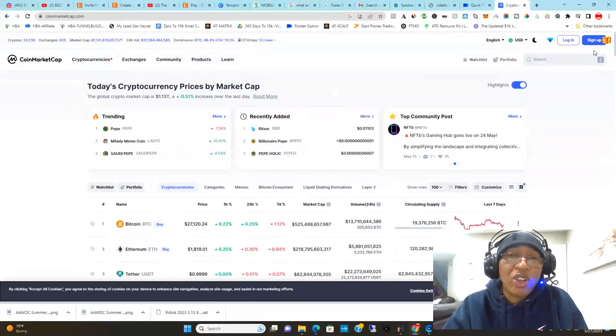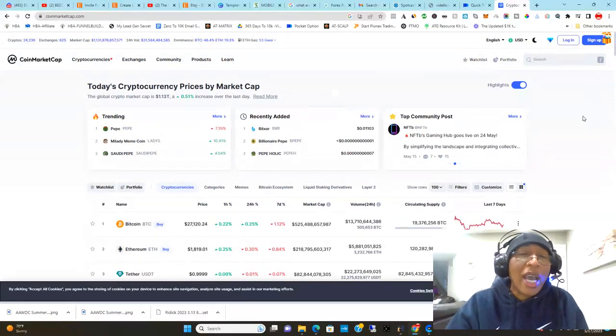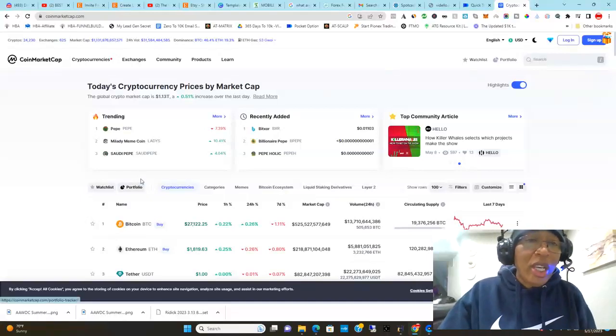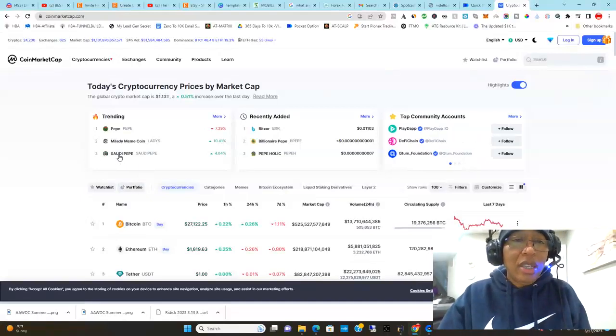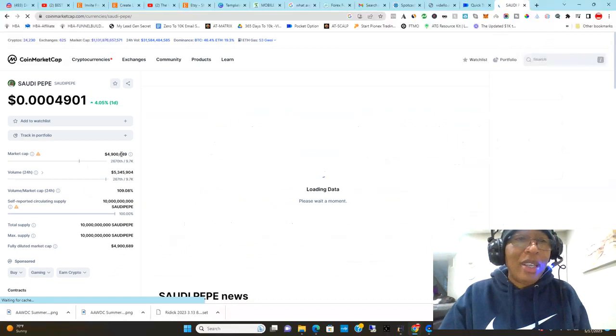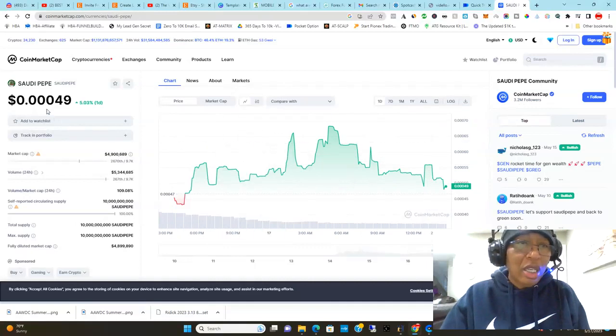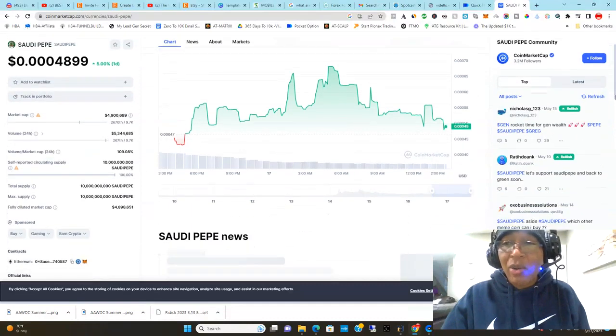This is not financial advice, but if you want the high risk, high quick returns, then you can venture into coins like this here. They have now a Saudi Pepe. You see the Saudi Pepe is capped at a market cap of 4 million. So these are high risk, high rewards. This is something you might enter, and 1 minute, 1 hour, 2 hours later, it starts dumping.